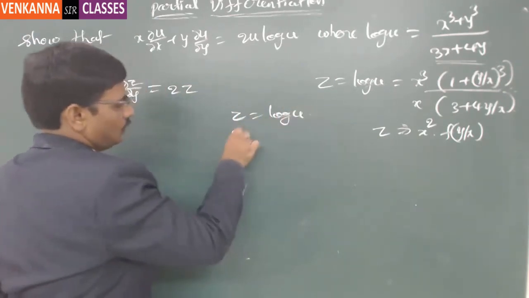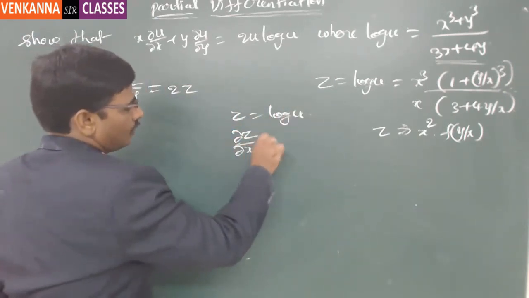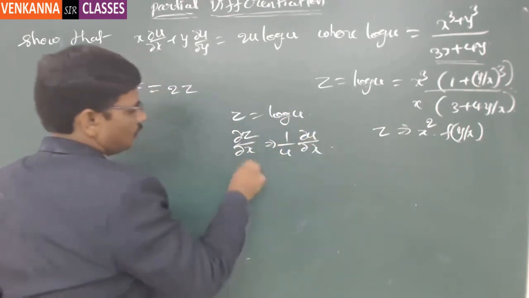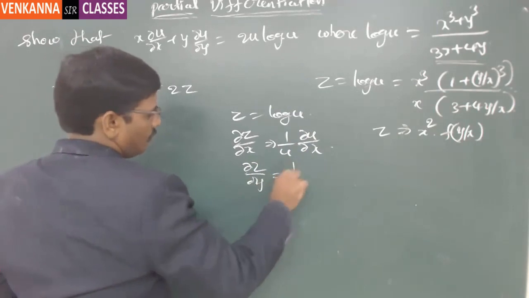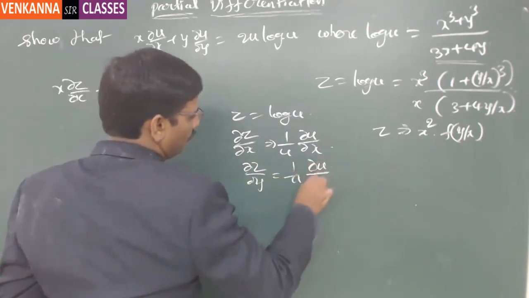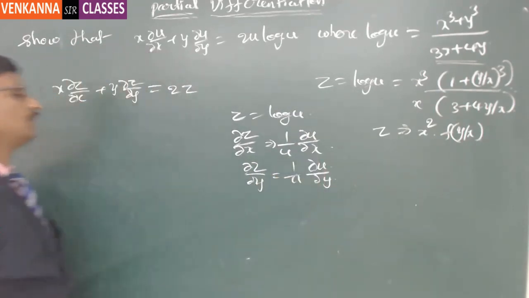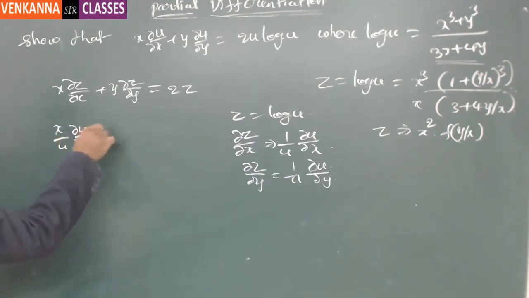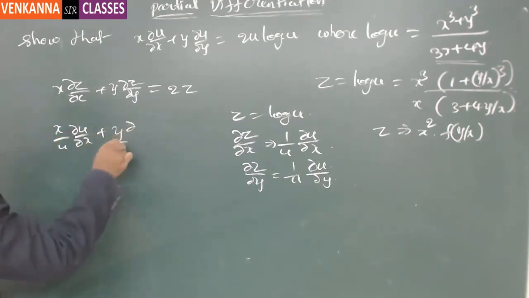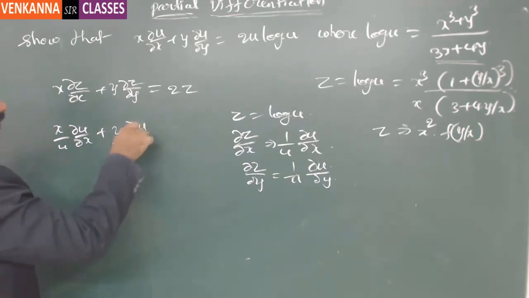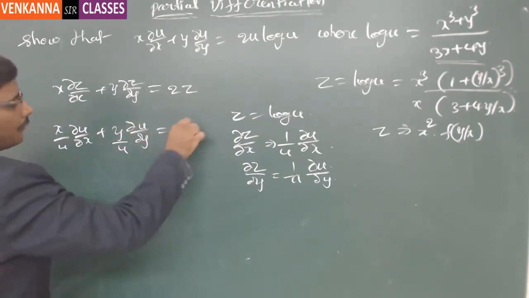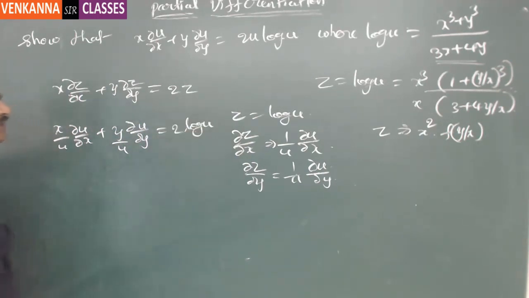So z is equal to log u. It implies ∂z/∂x is equal to 1/u ∂u/∂x, and ∂z/∂y is equal to 1/u ∂u/∂y. Now if you replace ∂z/∂x and ∂z/∂y, so x/u times ∂u/∂x plus y/u times ∂u/∂y is equal to 2 times log u, where z I replaced with log u.